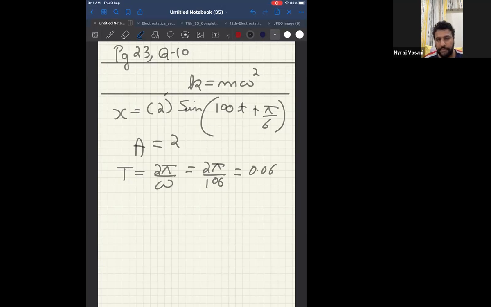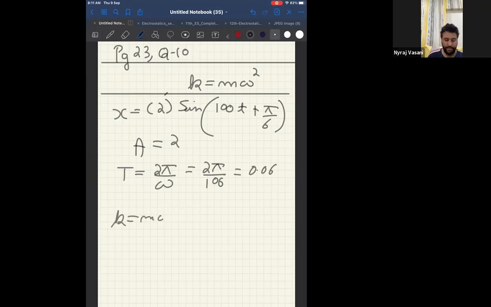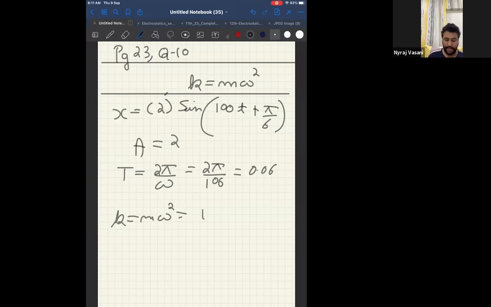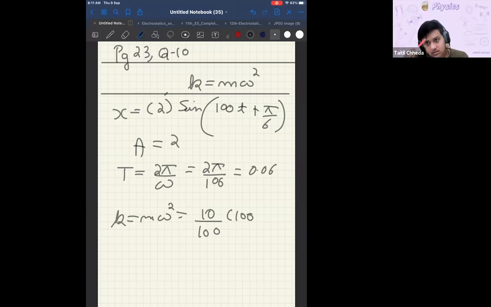Okay. Now, I want K is equal to m omega square. Now tell me what is the mass given in the question? 10 grams. So can I say I can take it as 10 by 100? Why I'm taking 10 by 100?